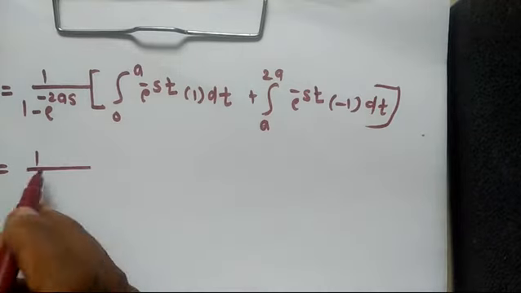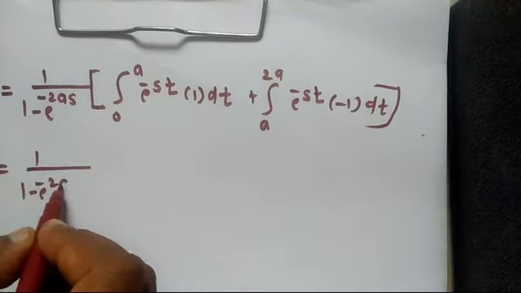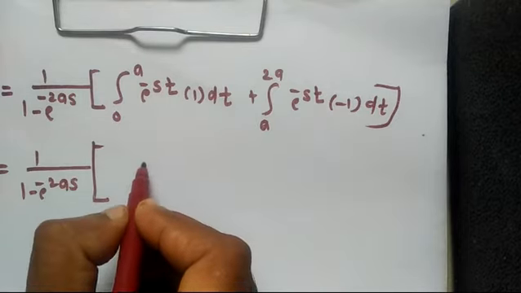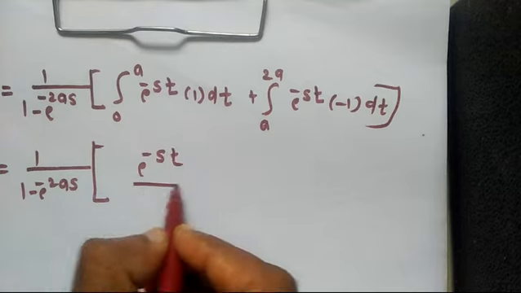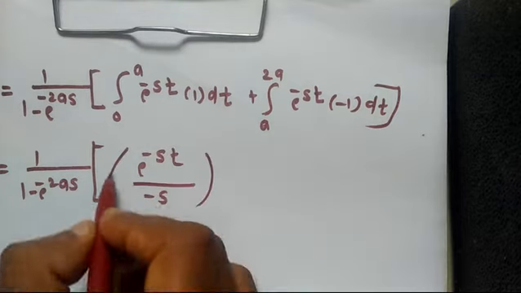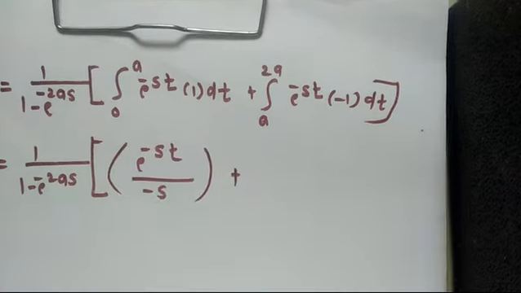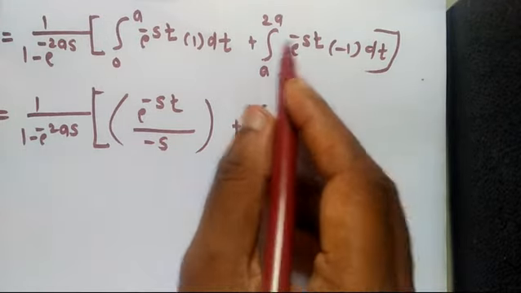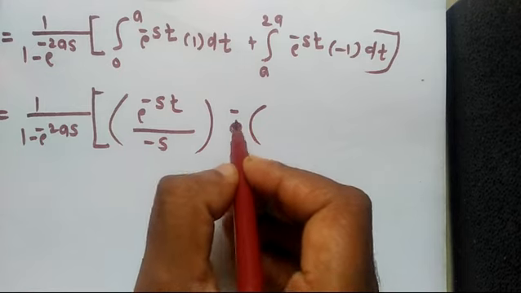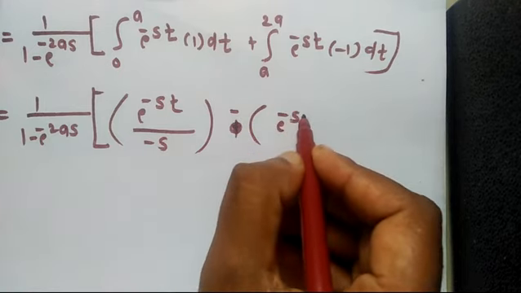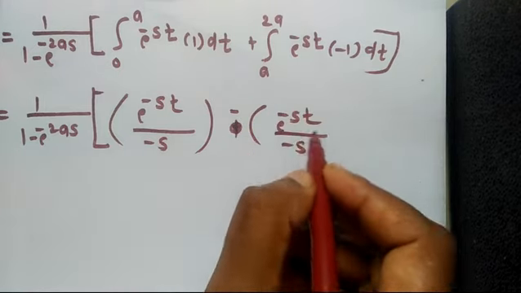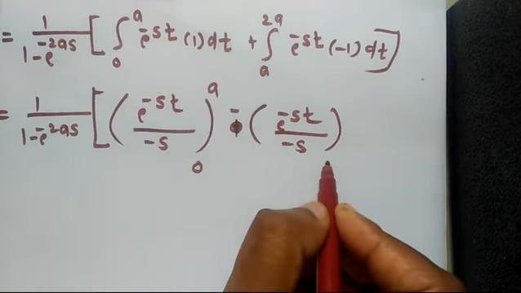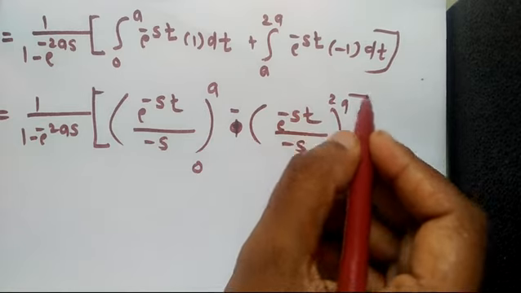We will find its integration. What is the integration of e to the power minus st? e to the power minus st by minus s, plus minus, so you will take minus here, e to the power minus st by minus s. Its range is 0 to a, and the other range is a to 2a.